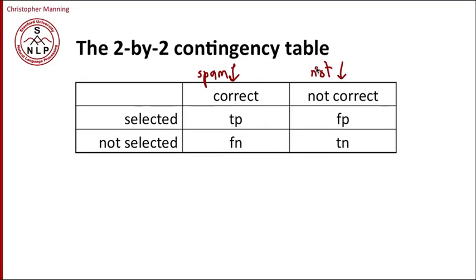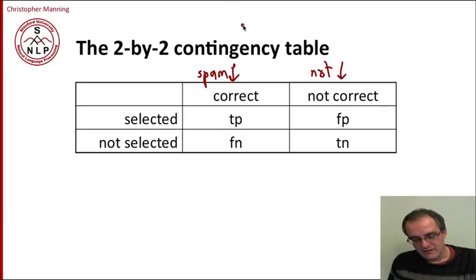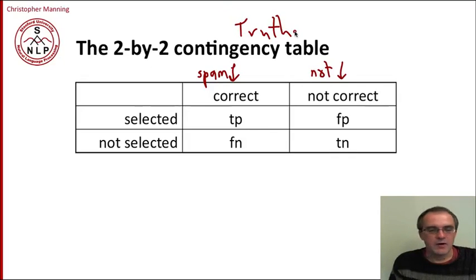And so on this axis, we're describing the truth. Now, what we've done is built a system that tries to detect the truth. And so secondly, we're going to look at the status of our system. So our system could be saying that this piece of data is spam, or it could be saying that it's not spam.